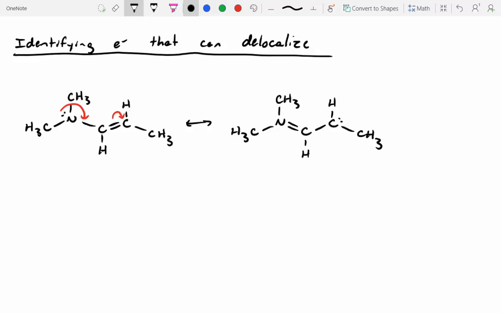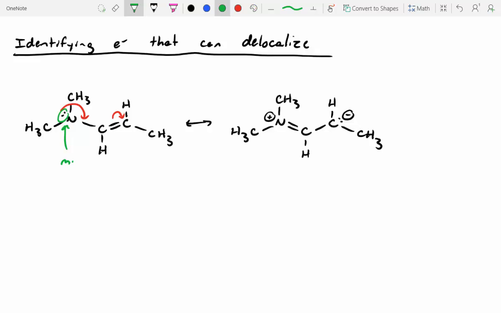Negative. So we'll just do a negative symbol. What about the nitrogen? Positive. Okay, that means that this set of electrons in that lone pair orbital can delocalize, which means nitrogen has what hybridization? sp2, right? Because if we look at it over here, this nitrogen's sp2 hybridized.